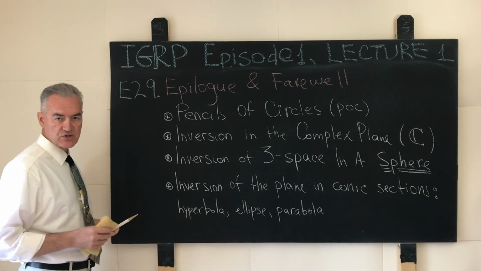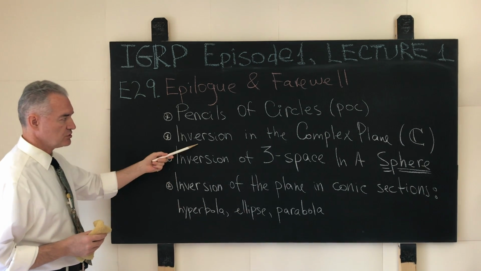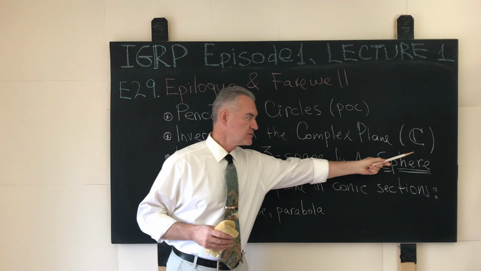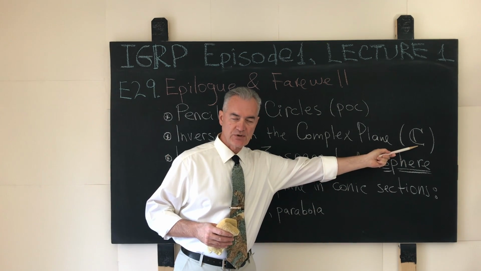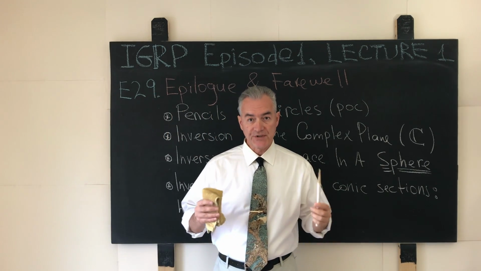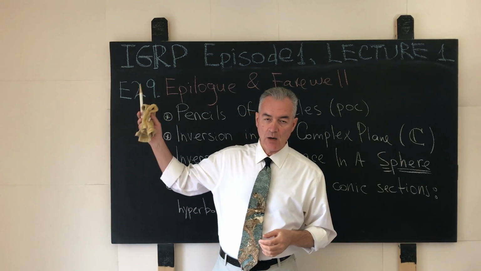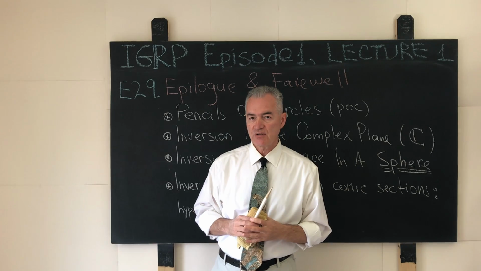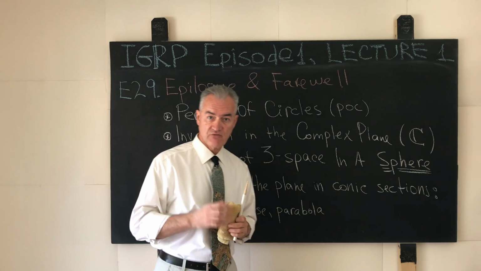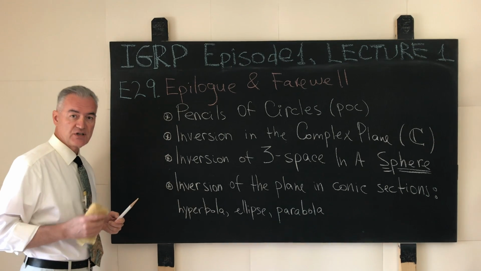Another direction in which that knowledge can be taken is the same idea, inversion of the plane, but this time not of the real plane, but of the complex plane, the set of complex numbers designated with the uppercase C. That is why you will see in the thumbnails and the opening screens for all the episodes of this course, in the upper left corner of your screen, the so-called chain of Pappus, and inside the chain of Pappus there will be the letter R, because the letter R designates the inversion in the real plane.